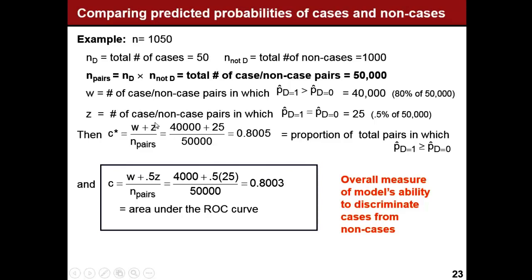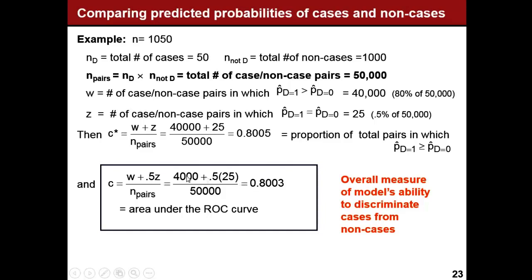These are ties. Sorry, I'm jumping over the specifics of the formula and just describing it. The W's are all the times when the case had a higher predicted probability. In practice, we have ties where two people have the same covariate pattern, and the model says the same thing about both, and one's a case and one's not a case. If you have two people with the same x variables, the model's going to say the same thing. It only knows the x variables. And so you get these ties, which are the z's, and the actual formula splits the ties. Okay, so this is what it does.